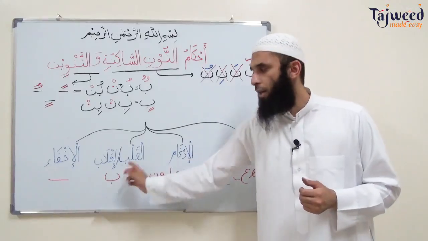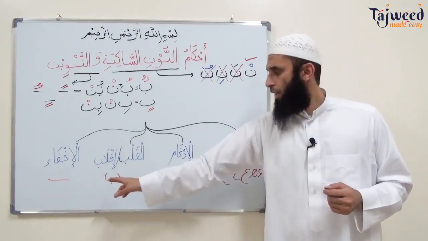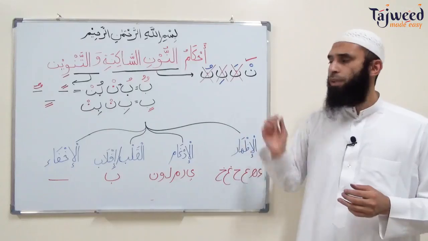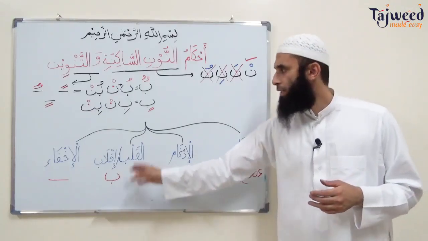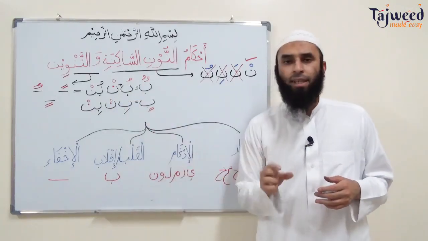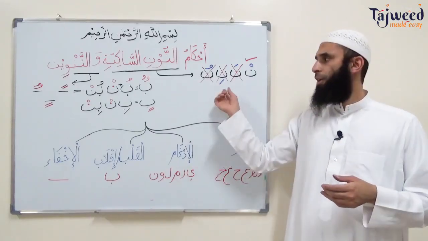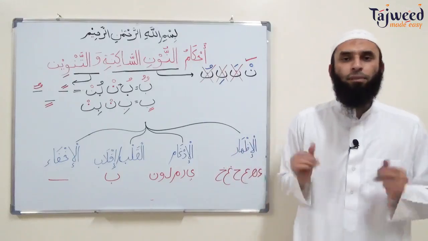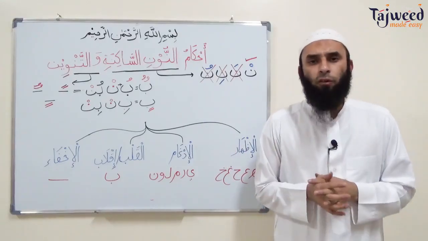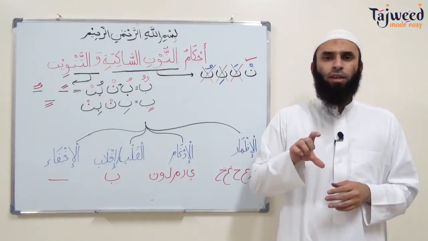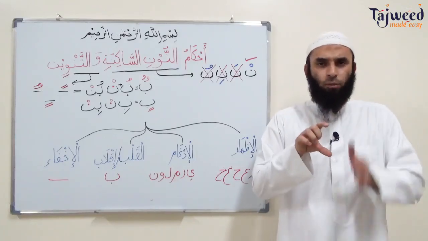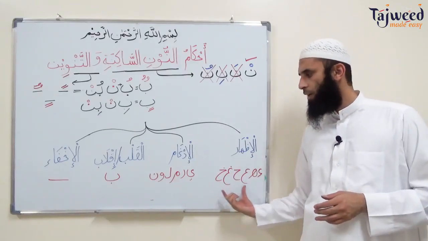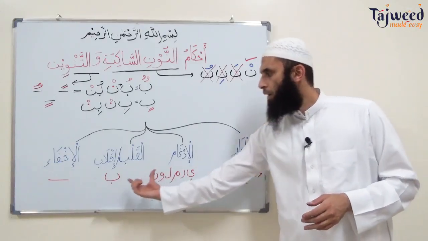If ba, al-qalb or iqlab, both names are correct, meets nun sakina or any letter that has a tanween, there's a specific way of pronouncing nun sakina and tanween. And the rest of the letters, which are the ikhfa letters, if they meet nun sakina and tanween, there's a specific way of pronouncing. So nun sakina and tanween change their pronunciation depending on which group of letters: al-idhaar, al-idgham, al-qalb or ikhfa.